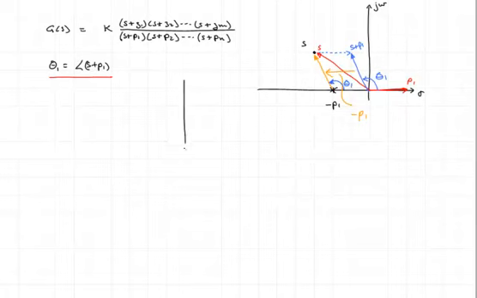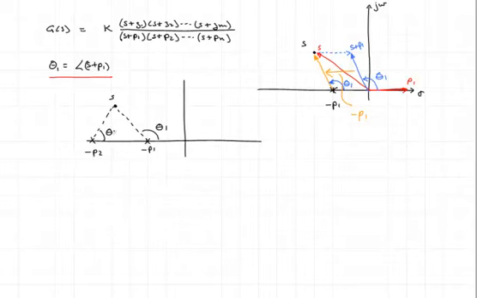That means that if I have a pole at minus p1, another pole at minus p2, and I put a test charge right here, and I'm trying to evaluate theta 1 and theta 2 at that point, all I have to do is draw a line from minus p1 to s, and from minus p2 to s, and these angles would then be theta 1 and theta 2.